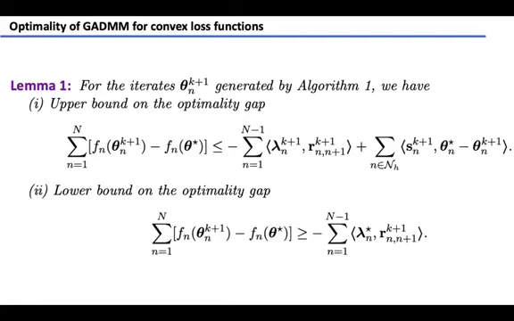Now I'm ready to introduce our first lemma. This lemma imposes upper and lower bounds on the optimality gap at iteration k plus 1, and those bounds are a function of the primal residual and the dual residual. Therefore, if we show that the primal residual goes to 0 and the dual residual goes to 0, then these upper and lower bounds will meet, and they will exactly meet at the optimal point.